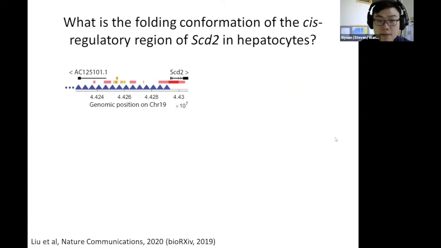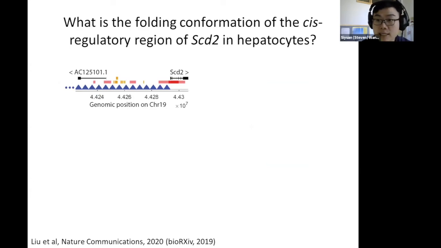And then upstream of that SCD2 gene, there are several annotated enhancers. Which one of them actually interacts with the SCD2 promoter, we actually don't know, like in hepatocyte, it's unknown in the fetal liver context.